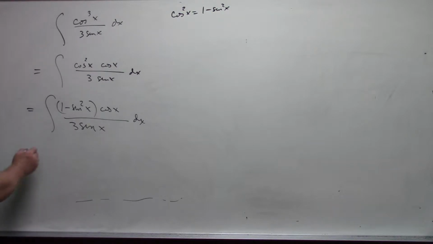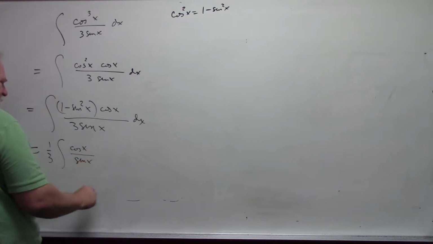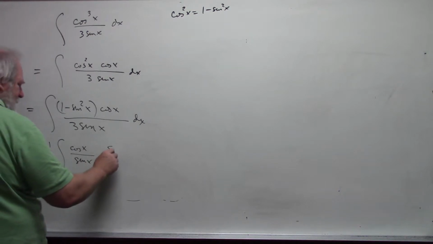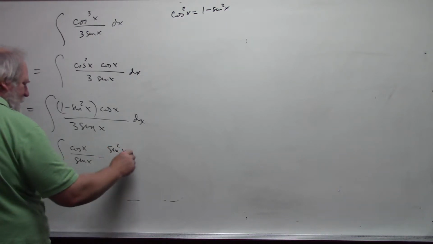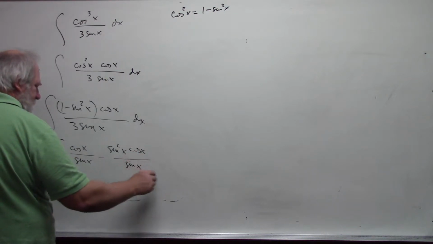And at this point, I'm going to pull the 1/3 out because it's just easier that way. This becomes then cosine of x over sine x minus sine squared of x cosine of x over sine x.